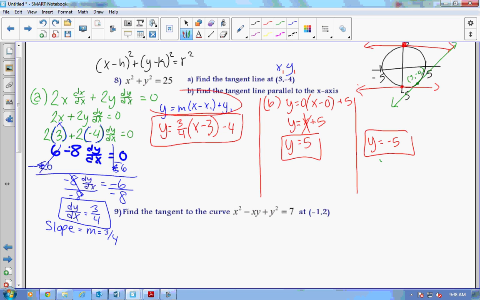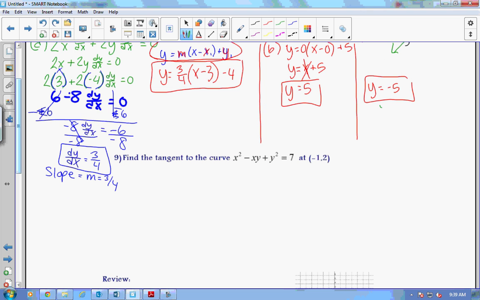You'd plug in whatever slope you had and whichever point you're looking at. But what if we didn't know it was at (0, 5)? Then it's a quadratic, because the top of the circle is a quadratic, and the bottom is also a quadratic, so it's the vertex of the quadratic. I don't think we have those right now, but if we see one on the homework, we'll talk about it next time. Okay.